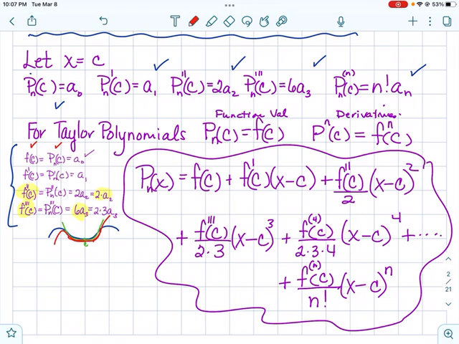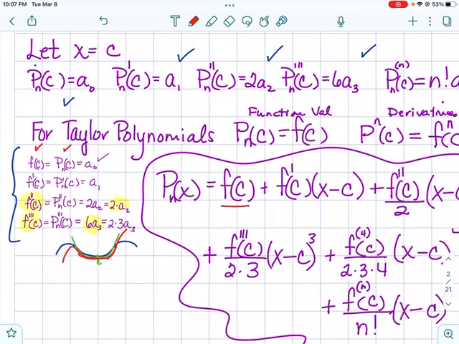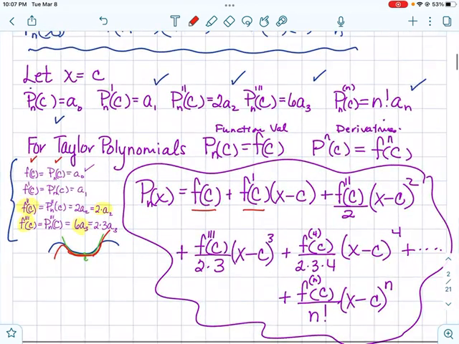So we have f of c, okay, our p, our first degree, a sub 0, is just going to be f of c. Then we have our a sub 1 is going to be f prime of c, right? And then there's your times your x minus c in your Taylor expansion.